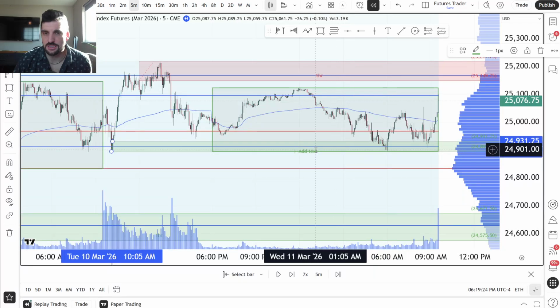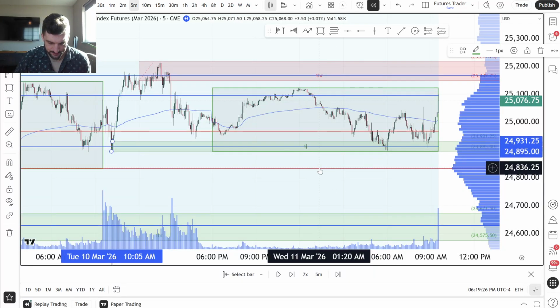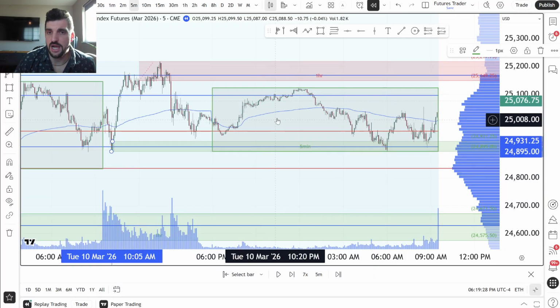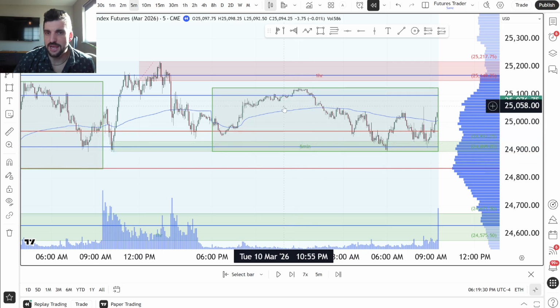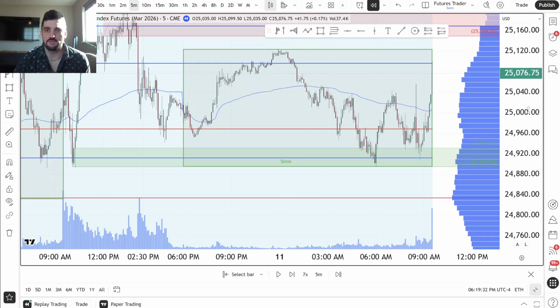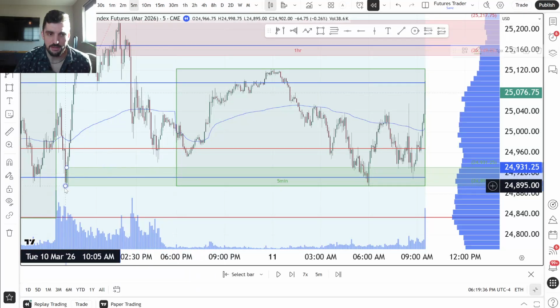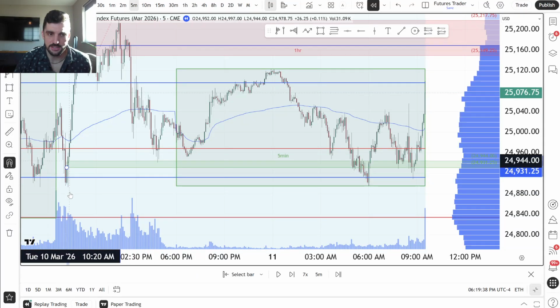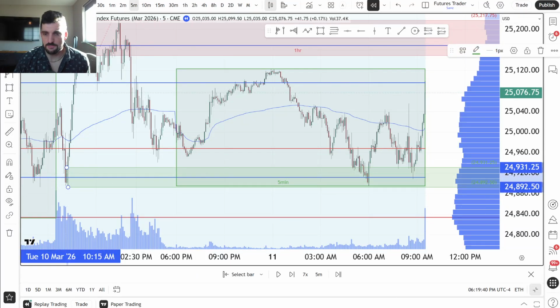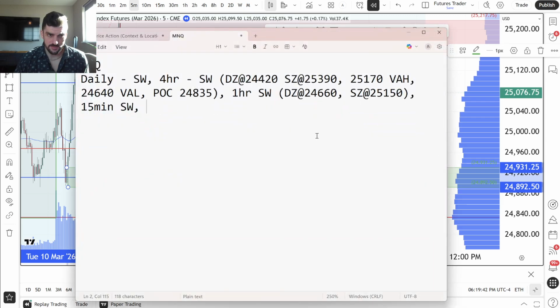We can see that price clearly caught that level overnight, and was holding that level very well overall. Okay, so I'm going to include that in my plan, and so I could say there's a 5-minute demand zone in my notes as well.